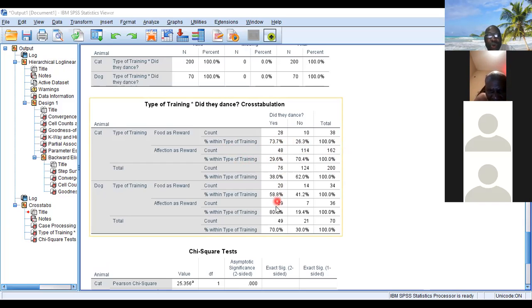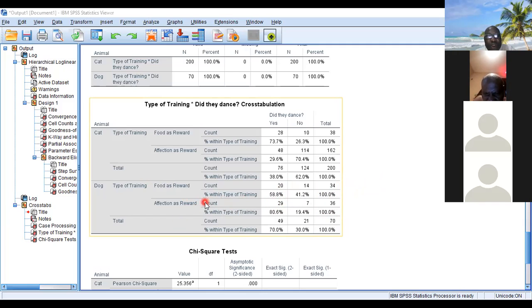So if you come to dog, you will see that the total that received food as reward is 34, and 20 dance, which is 58.8.